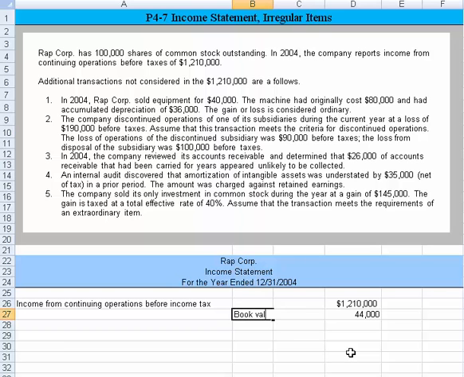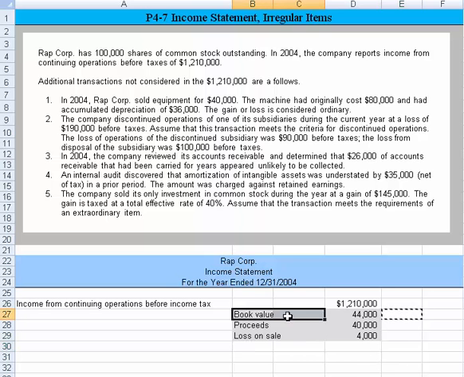I'm just going to do this little calculation right here, and we sold it for proceeds of $40,000, right? I'll gray this to show you that it's not going to stay. We're just doing this temporarily. And so if we subtract the proceeds from the book value, we realize that that's a loss on the sale. So now we know there was a loss of $4,000.